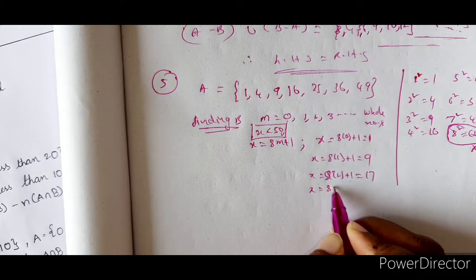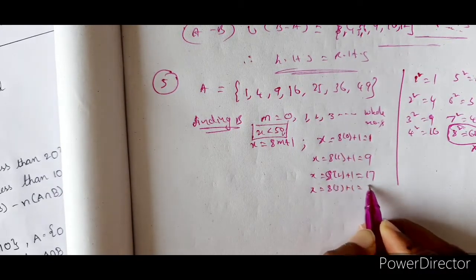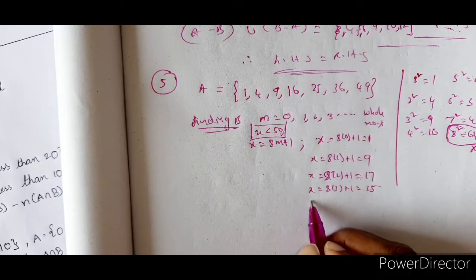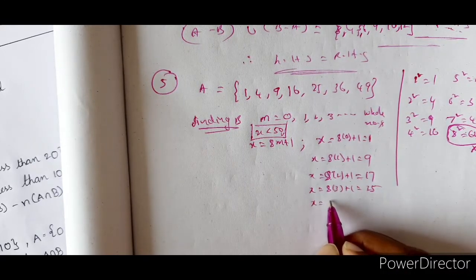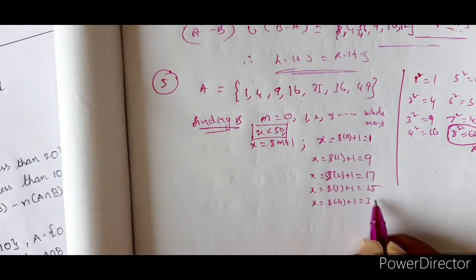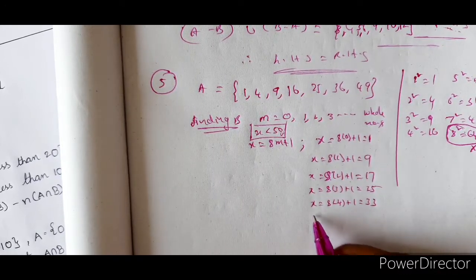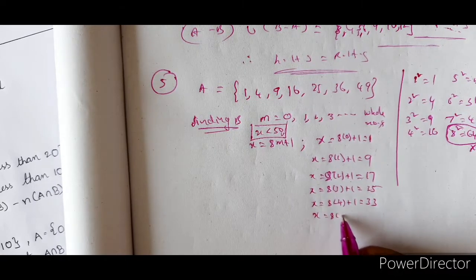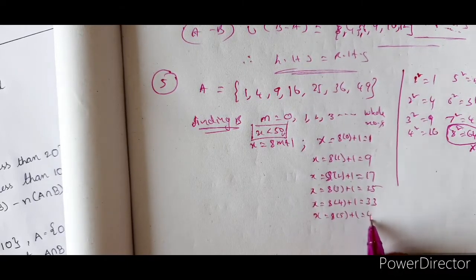So what is the next one? 3 8s are 24 plus 1 is 25. 4 8s are 32 plus 1, 33. 5 8s are 40 plus 1, 41.